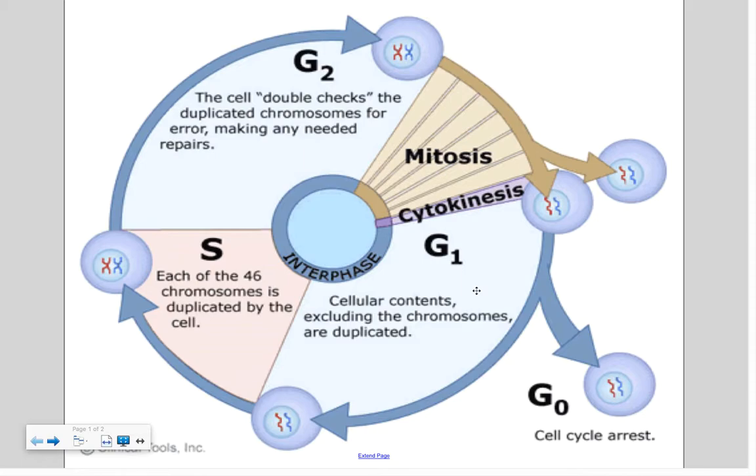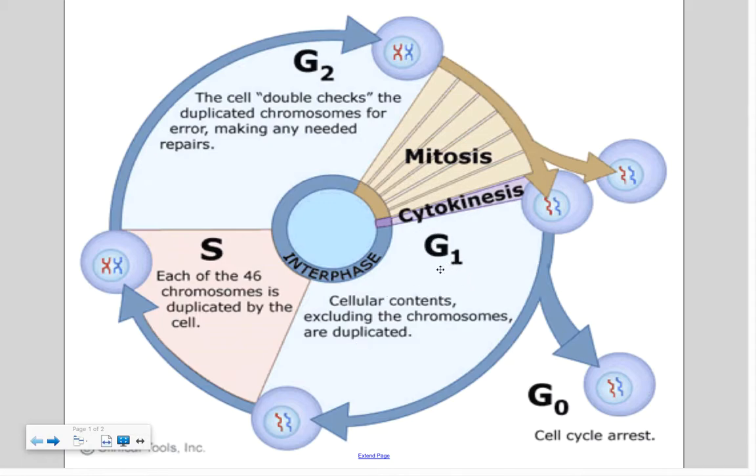This is quite a long stage in the life cycle of a cell. Here, the cellular contents, the organelles, except for the chromosomes, which is the DNA of the cell, are duplicating and getting ready for that division.